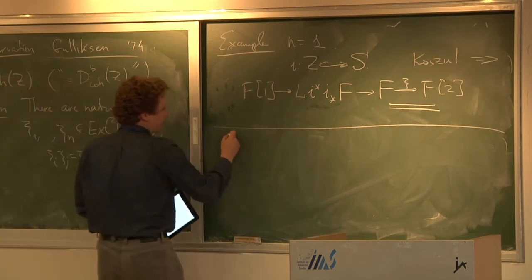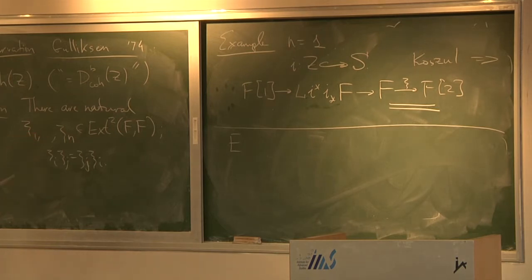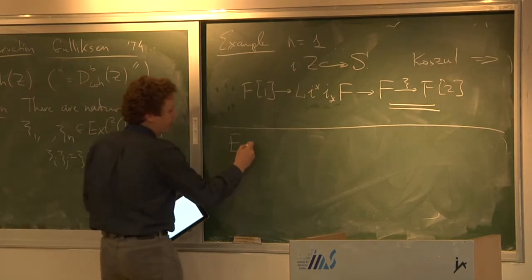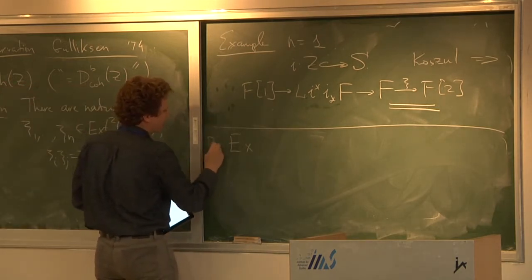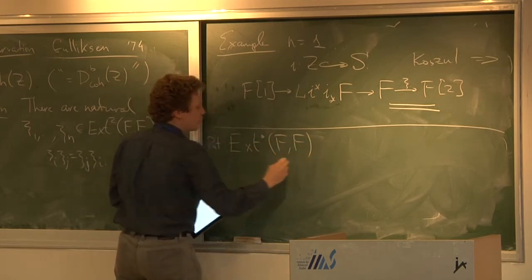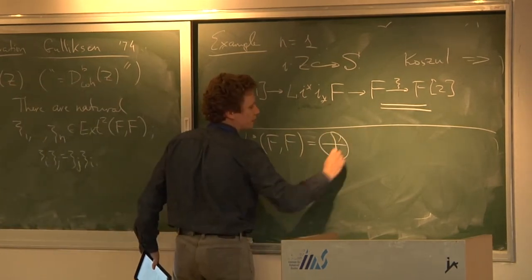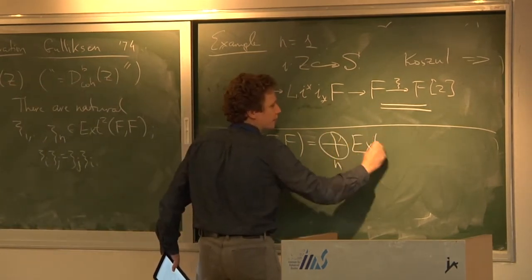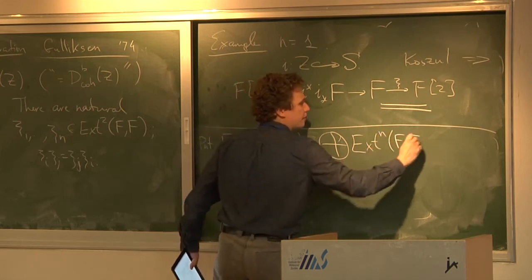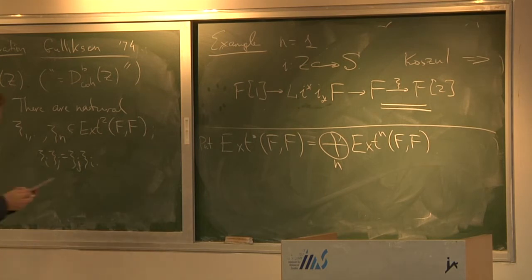Let me consider the graded, higher endomorphism ring of F. So let me consider not just Ext^2, but in fact all of those. This is a graded, probably non-commutative algebra.